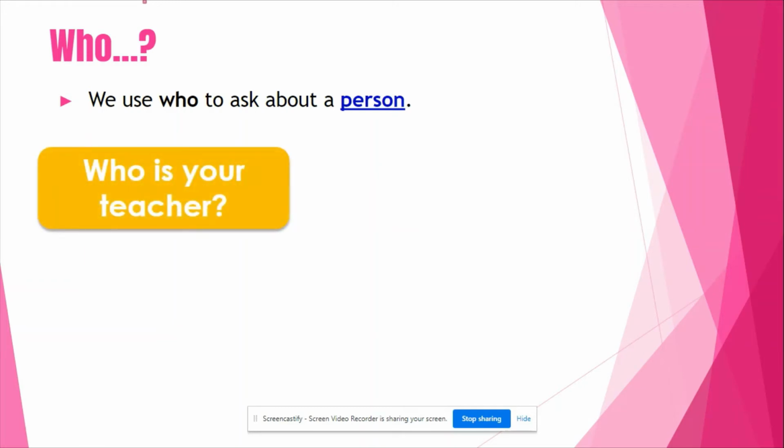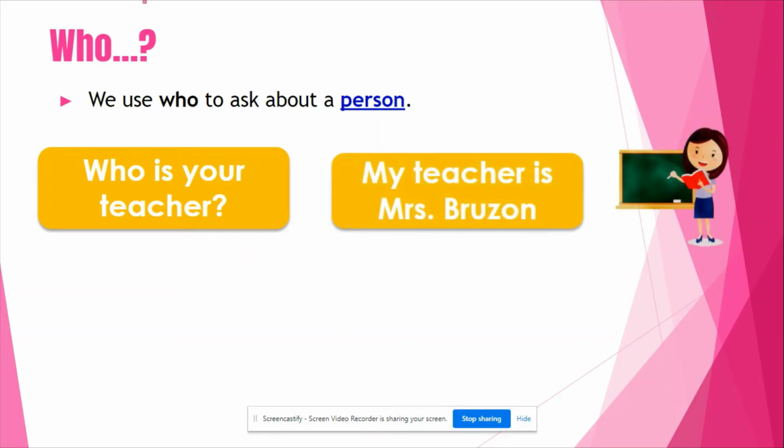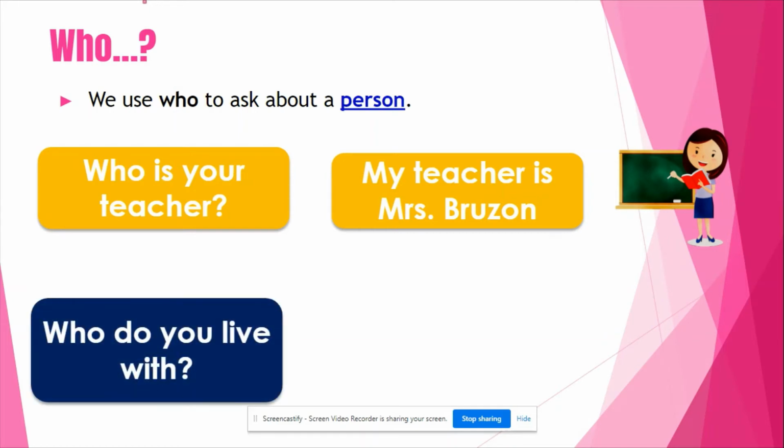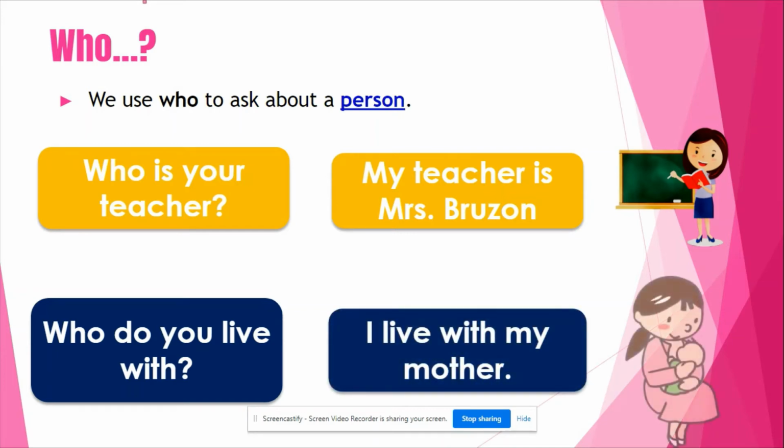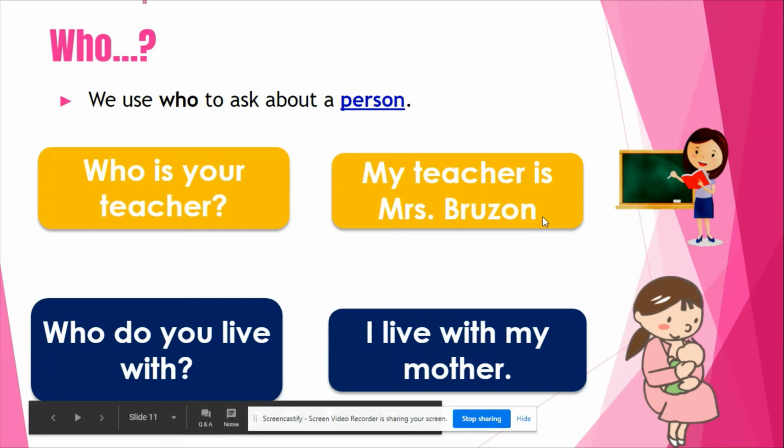Who is your teacher? My teacher is Mrs. Broussard. Who do you live with? I live with my mother. And let's just go ahead and put a period at the end, okay?